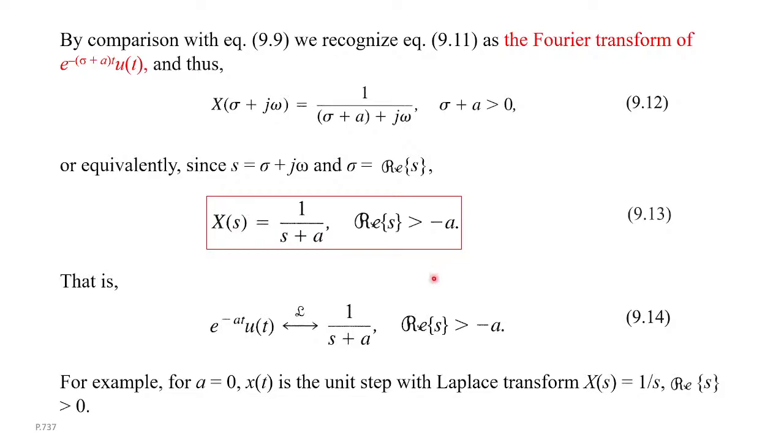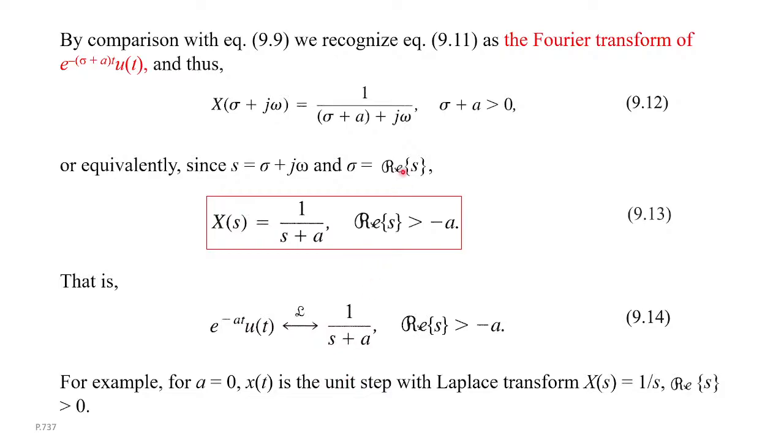But for the Laplace transform, it's really different. This is very common. It actually happens most of the time that your Laplace transform only converges on some region. And this is going to be important information about your Laplace transform.